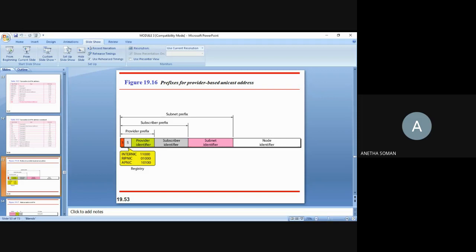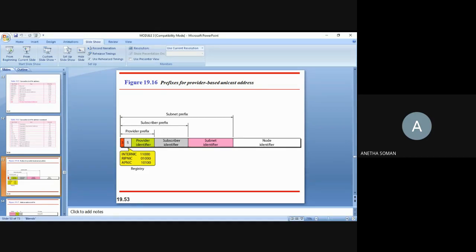Okay, so the different fields in the provider-based unicast address: the first field is the type identifier. The type identifier is a 3-bit field. It defines the provider-based address.